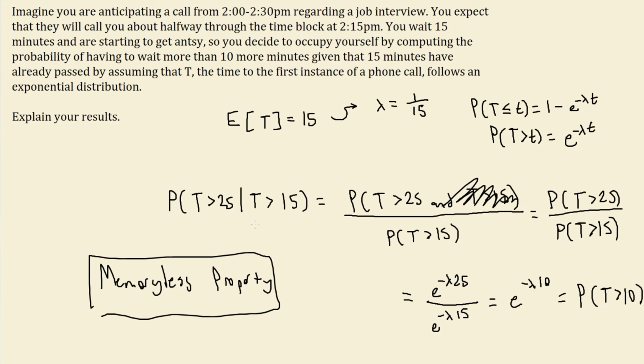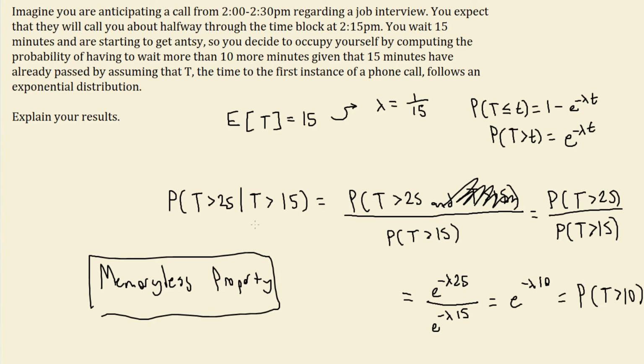Given that we've waited 15 minutes, the probability of having to wait more than 10 more minutes is exactly the same as the probability of having to wait more than 10 minutes from the beginning. And so this tells us that this distribution is essentially going to forget the past, and every single moment it's like you're starting from new. And no matter how long you wait, the probability of having to wait a more minutes is exactly the same as having to wait more than a minutes if you were to start from the beginning.